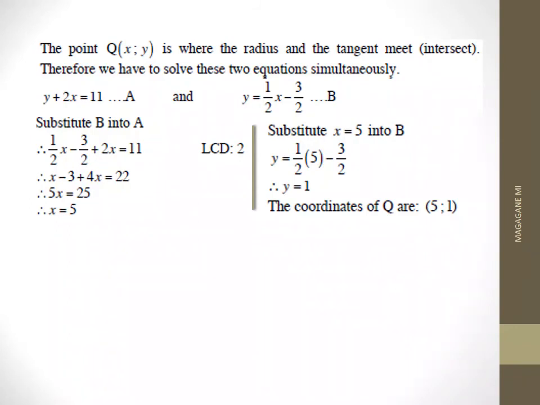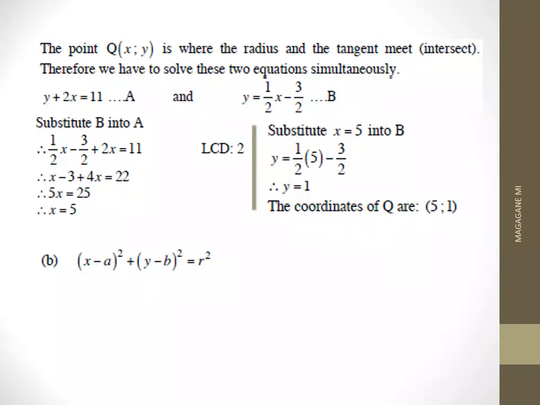Then we go to the next question, which is B. Determine the equation of the circle through Q with center P. Now we want to find the equation of the circle. We know that to find the equation of the circle, we use our equation x minus a squared plus y minus b squared equals r squared.